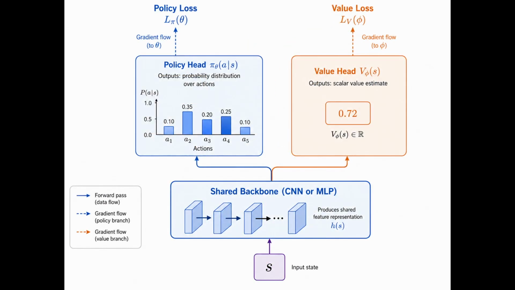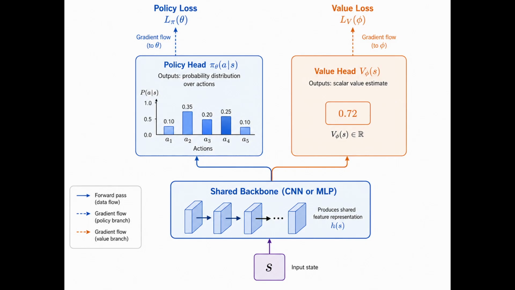The state-of-the-art variance reduction technique in modern RL, used in PPO, is GAE, introduced by Schulman et al. in 2016. The insight is that there's a bias-variance trade-off in how far you look ahead when estimating the advantage. GAE blends estimates at every horizon with an exponential decay controlled by a parameter lambda.